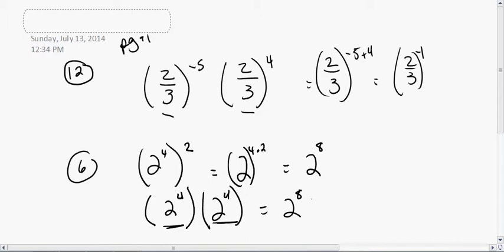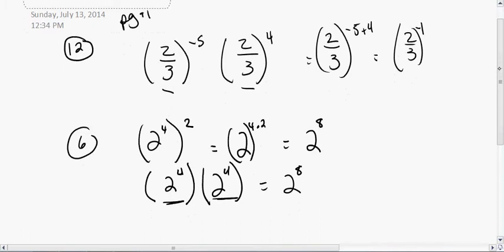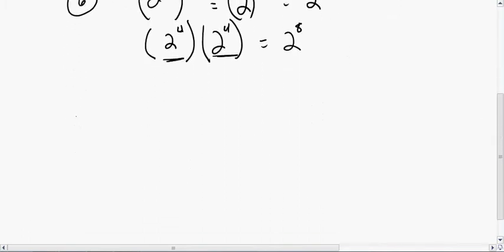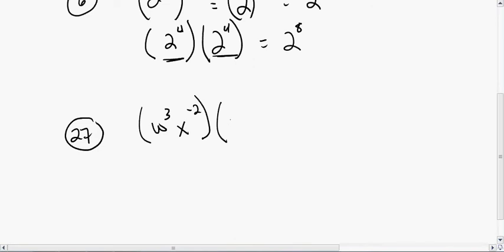It's an odd problem, but it's a pretty good one here with variables. Number 27 is w cubed times x to the negative 2, and w to the 6 times x to the negative 1.